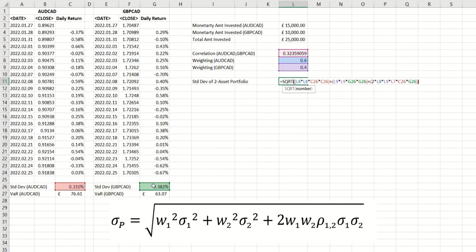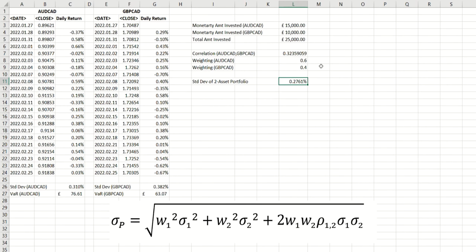And so one more closing bracket for the square root there, and that should give us our value of the standard deviation of this 2 asset portfolio. Now this is displayed as a ratio at the moment, but we can display that as a percentage as shown here.